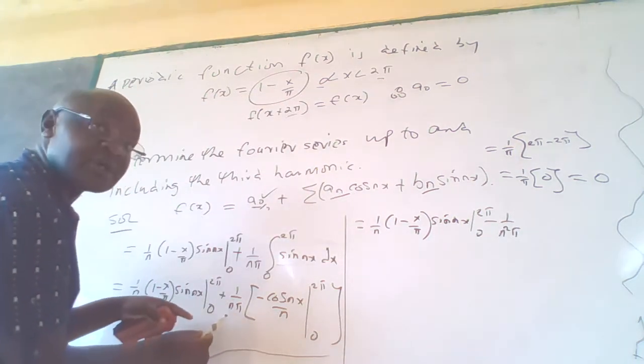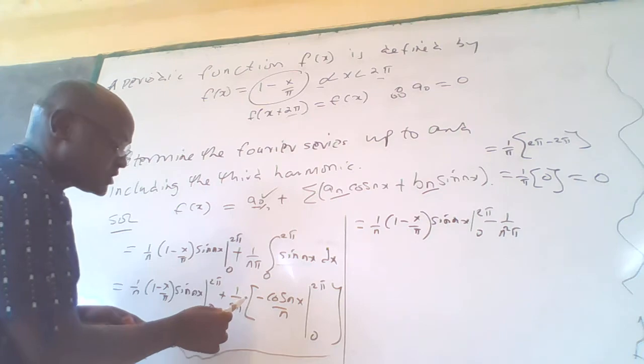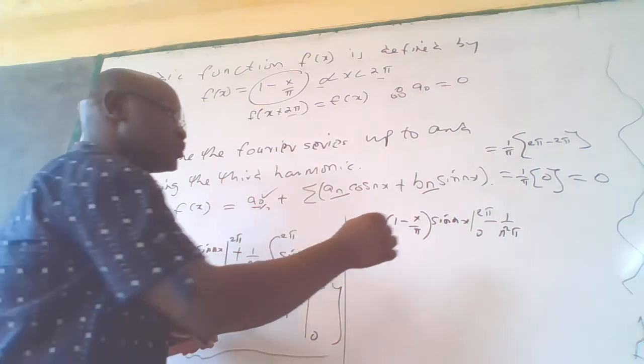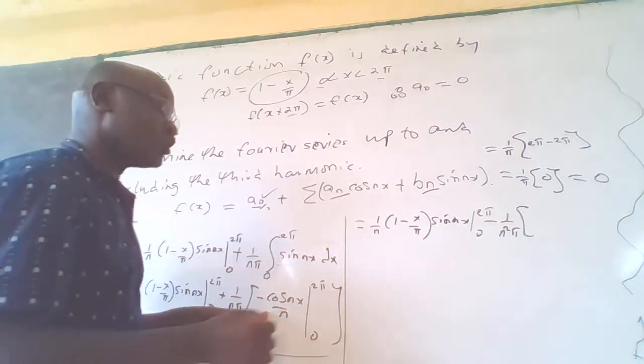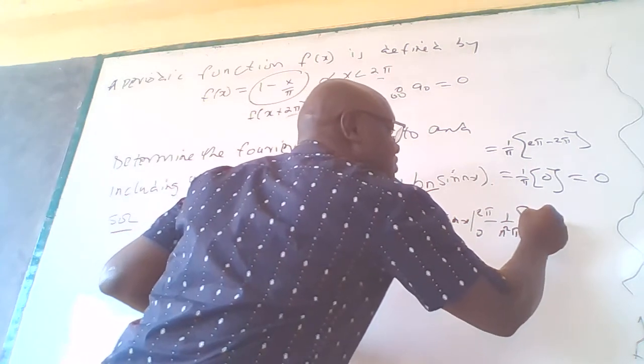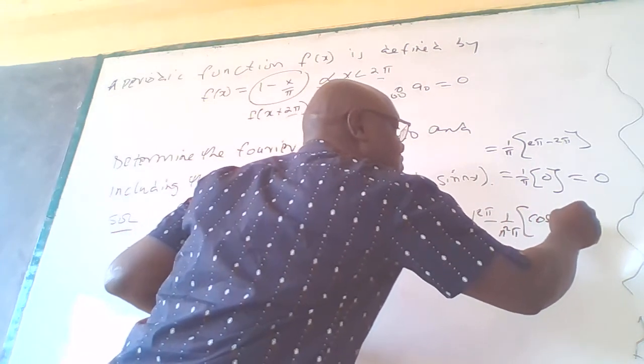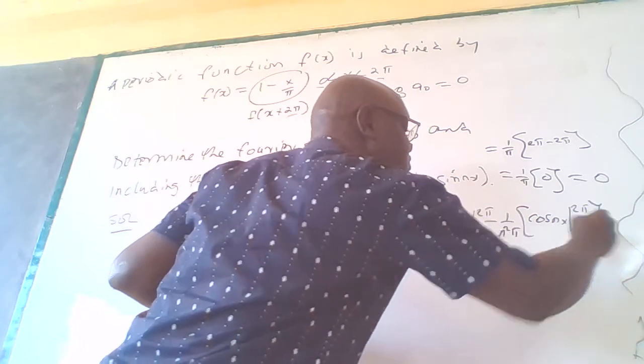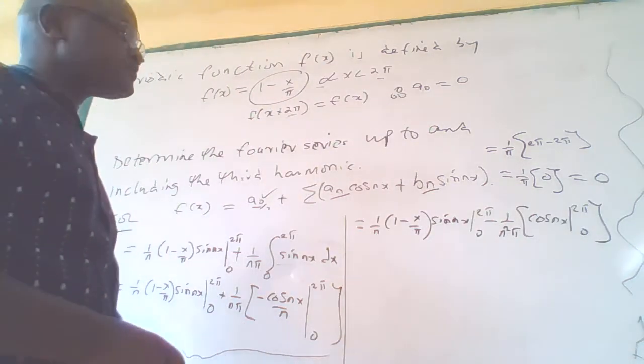When this n comes out, you multiply with this so that you get n squared, then pi into cos nx, like that.